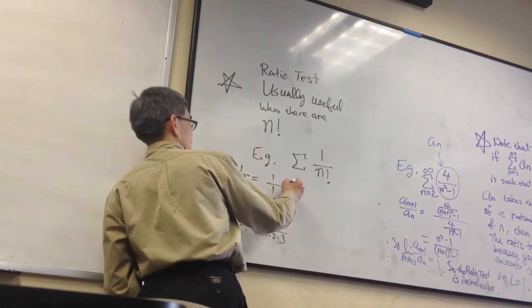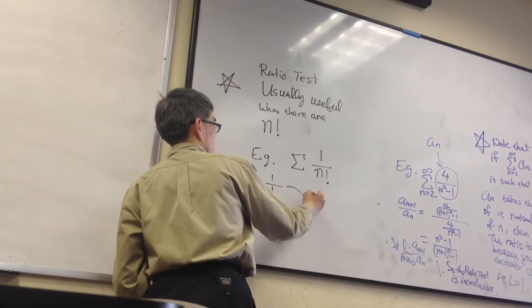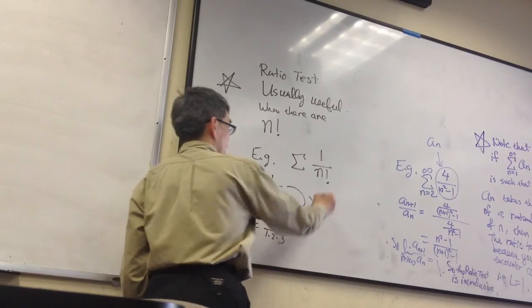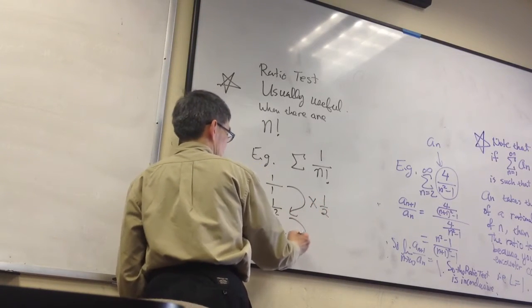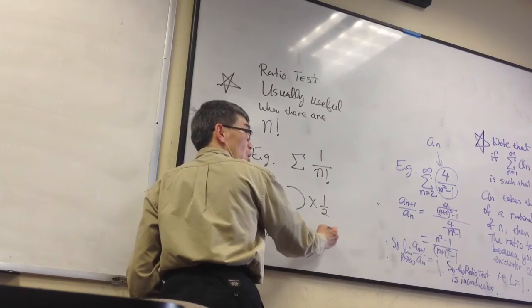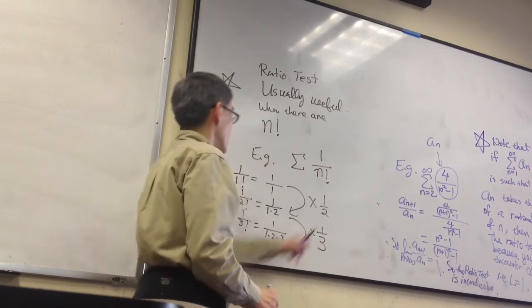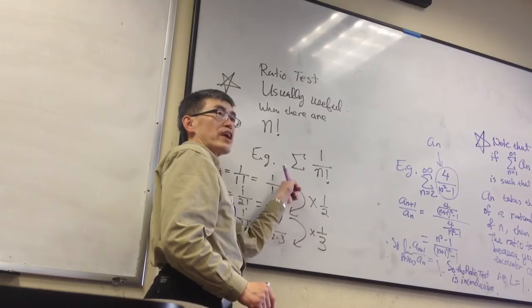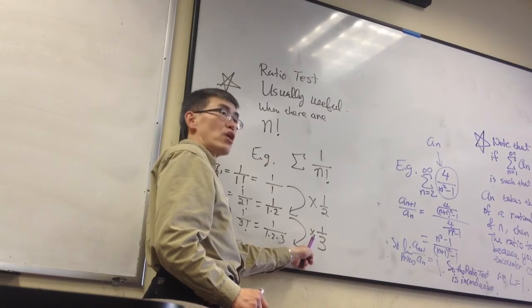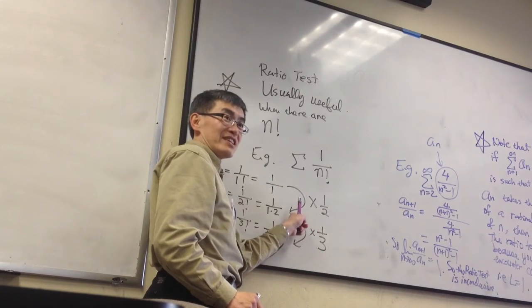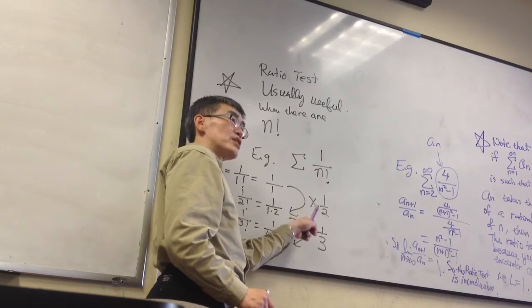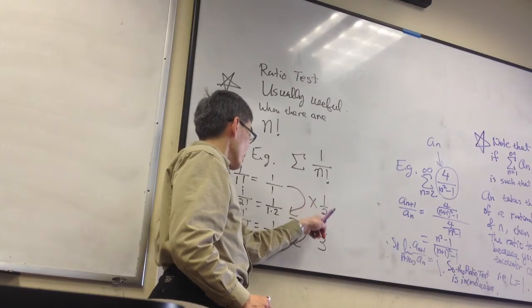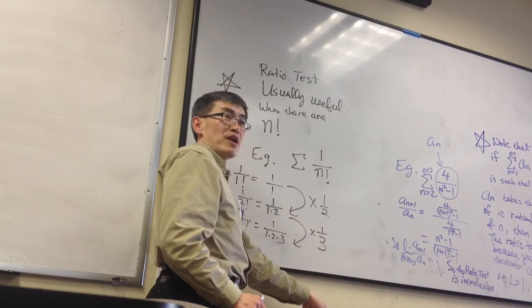So if you look at this, from this first term to the next, you multiply by what? 1/2. From this term to the next, you further multiply by what? 1/3. So this 1/2 means A2 over A1. This means A3 over A2. See that? So these neighboring term ratios are getting smaller and smaller.